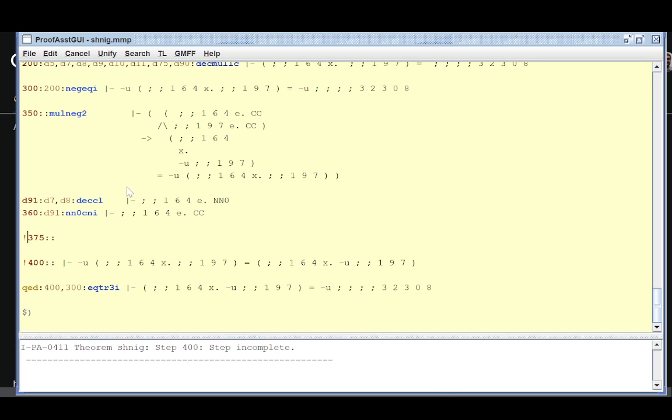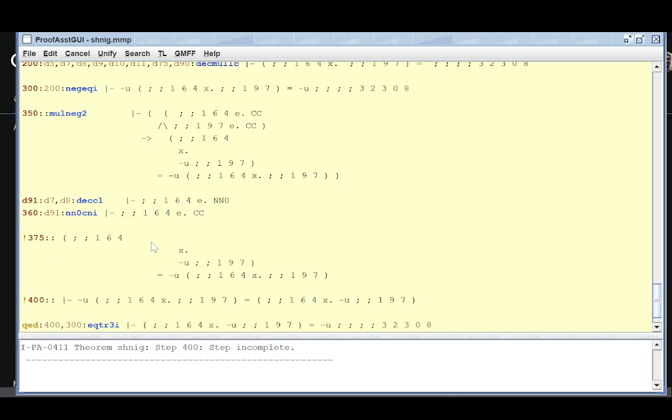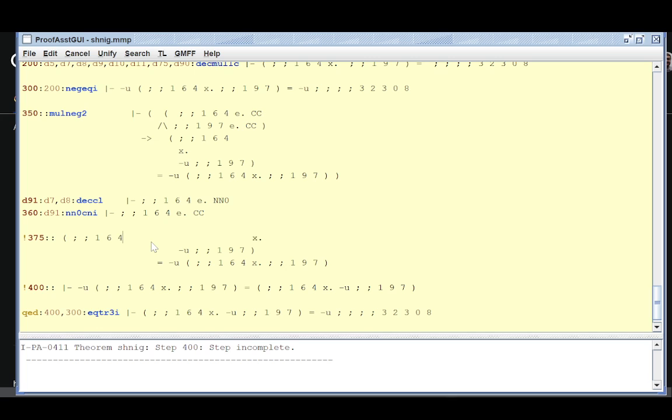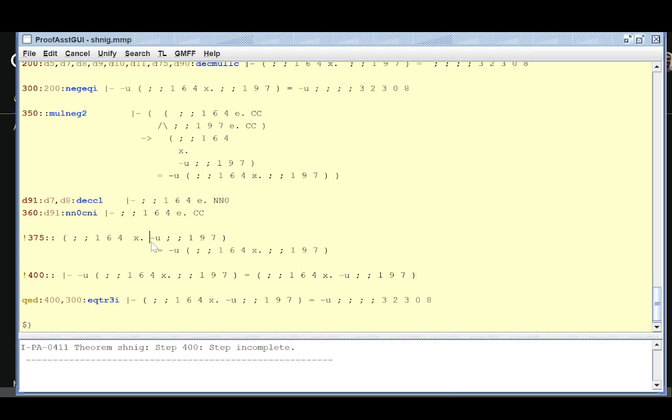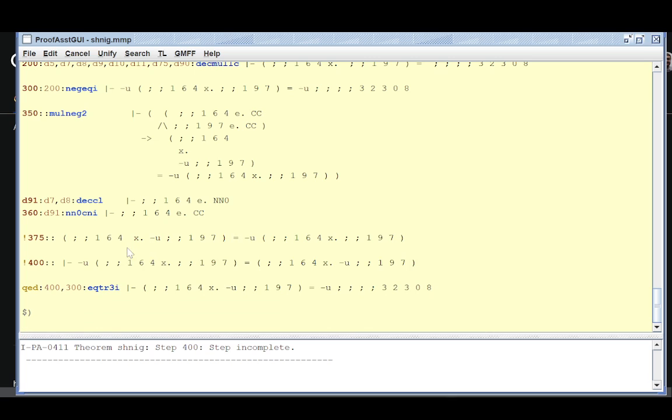Okay, so 375. What I want, so this is saying, if this and this is true, this is the symbol for and. Again, in normal notation, that's just an upside down wedge, but in this, it has to be two slashes. If these two things are true, then this is true, right? So I'm just going to take this whole latter thing, and I'm going to say, okay, let's break that out. That's pretty ugly. Let's break that out without those.